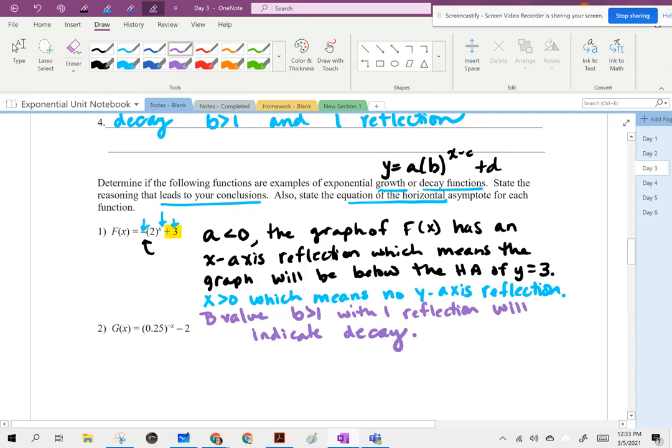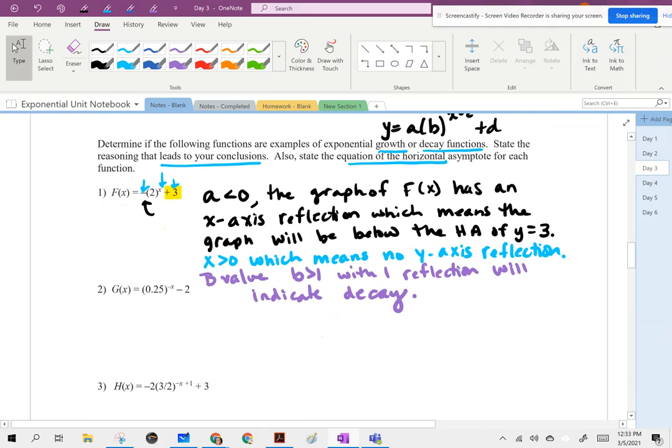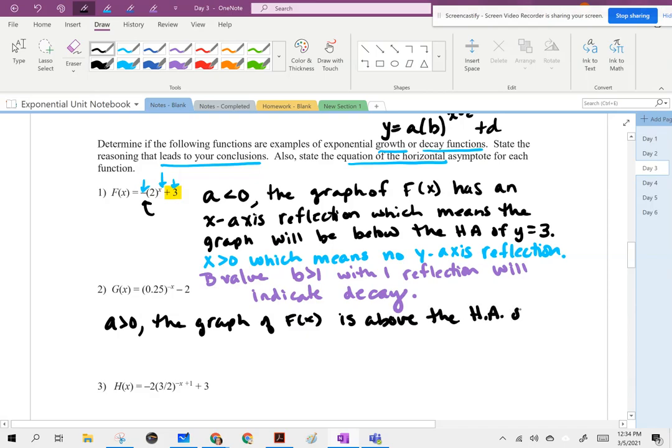All right. So now let's have you try 2. Let's take a look at the A value. A is greater than 0, right? So the graph of f of x is above the horizontal asymptote of y equals -2.